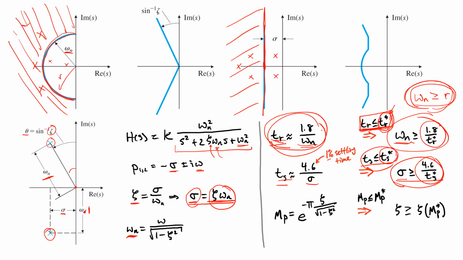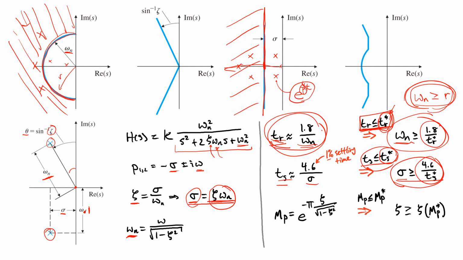Both of these have a similar interpretation. Remember that the modes, where the closed loop poles are, go like e to the pt, where p is the location of the pole. You can imagine the more negative this pole gets, the further you get in this direction, the faster these exponentials will decay.